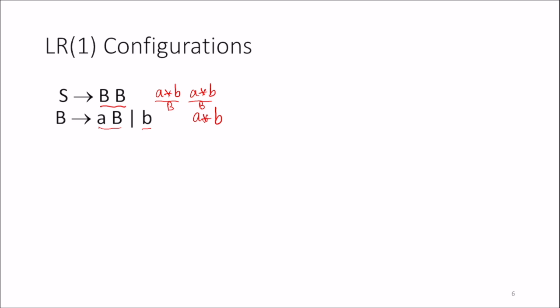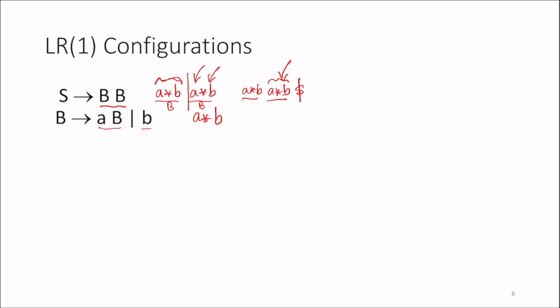Now if you look at the context in which I can do a reduce of the non-terminal in this part of the string, you can see that the look ahead will either include A or B. Now if I look at A star B again, and I look at a reduction somewhere here, if I want to reduce this non-terminal B here, the context will be the end of input symbol.